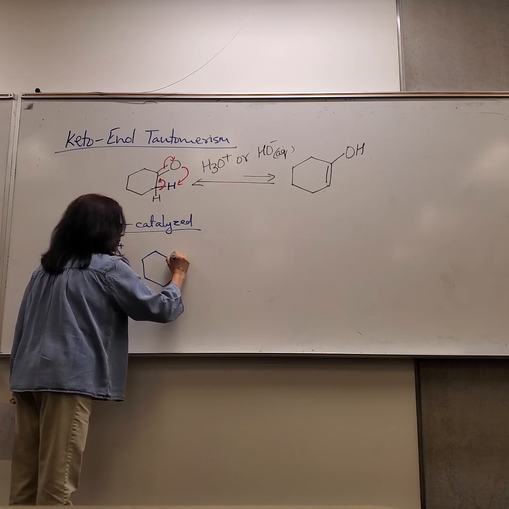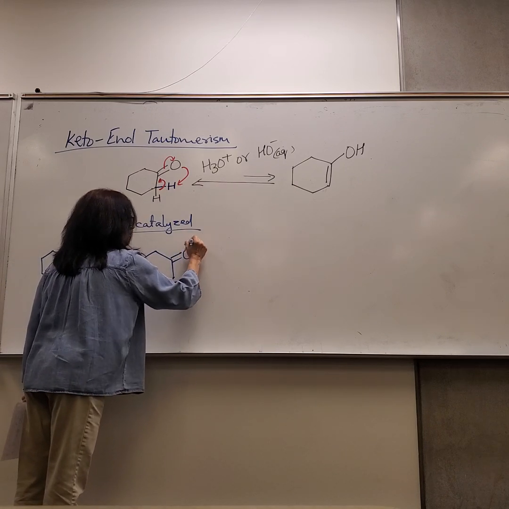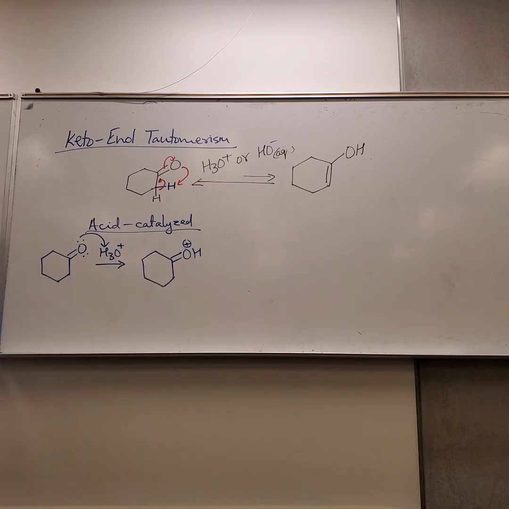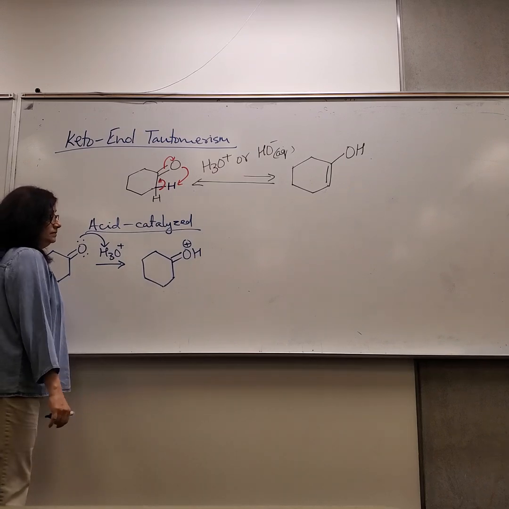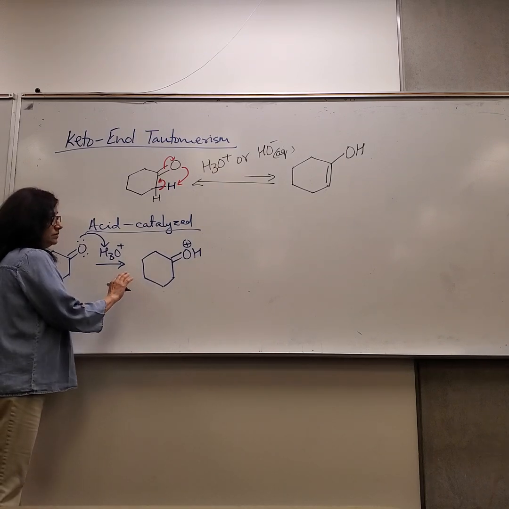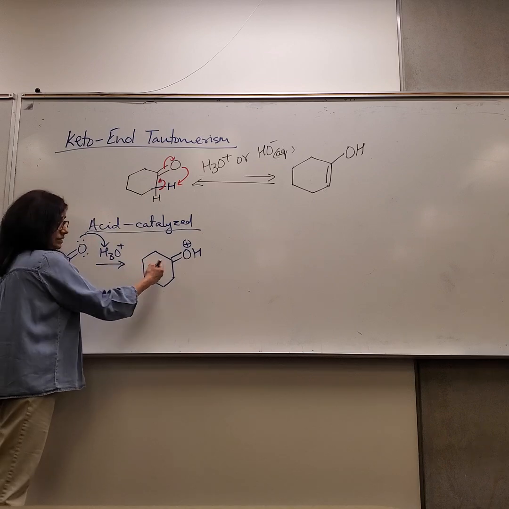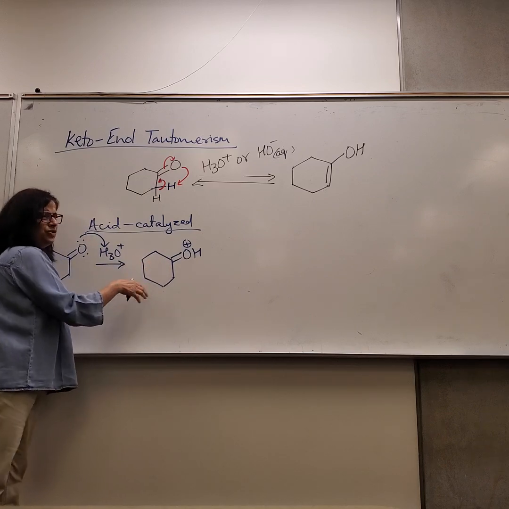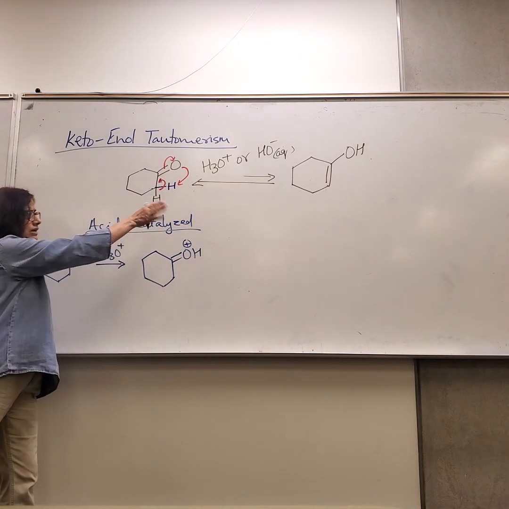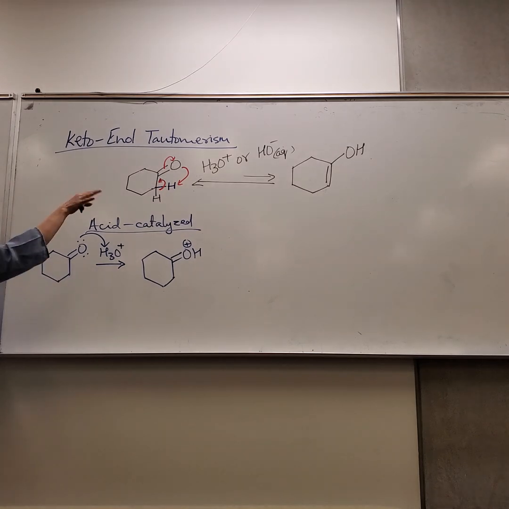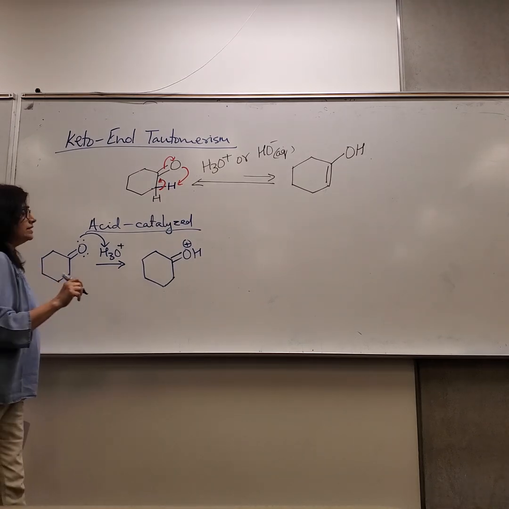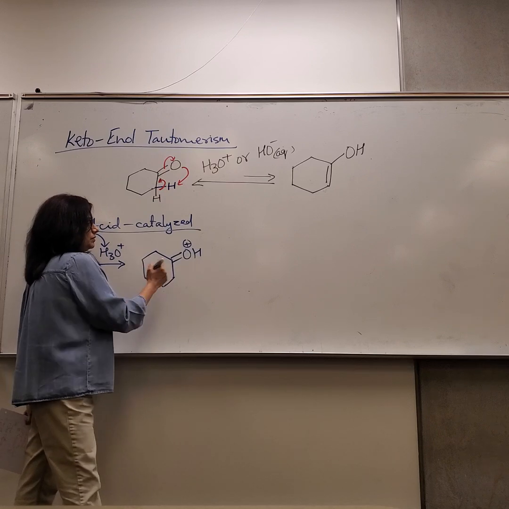Then what? You're right, this is the electrophile, but we're not adding any nucleophile, right? There's no nucleophile coming in. One of the bonds of the double bond breaks and goes to the opposite side.